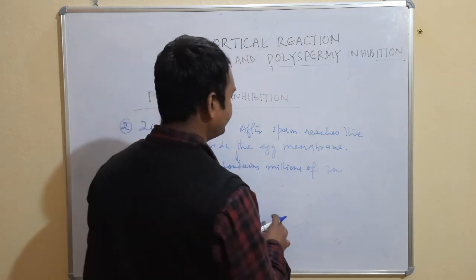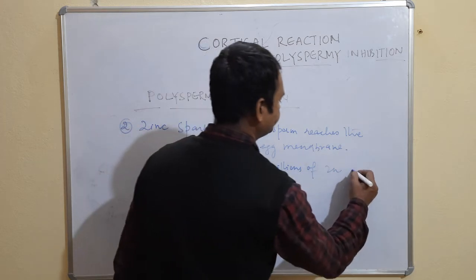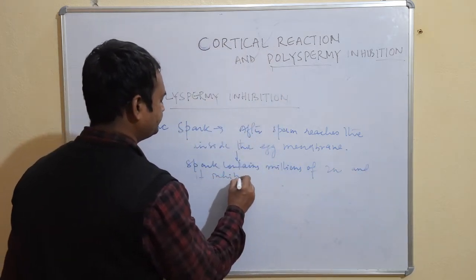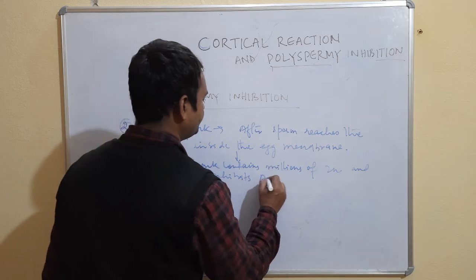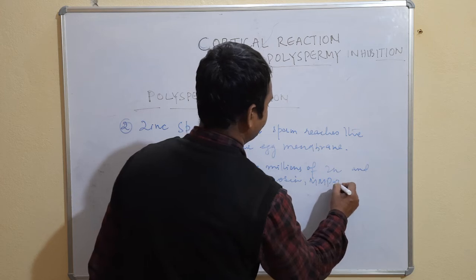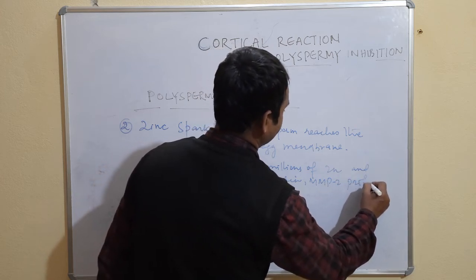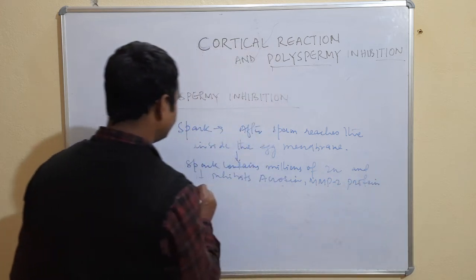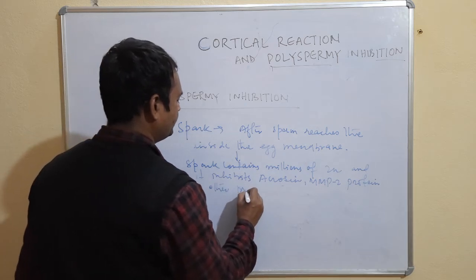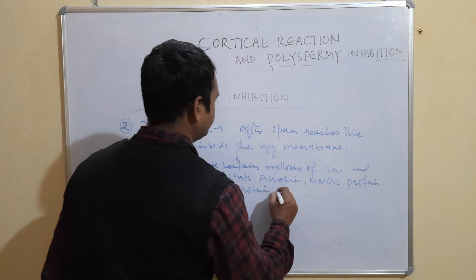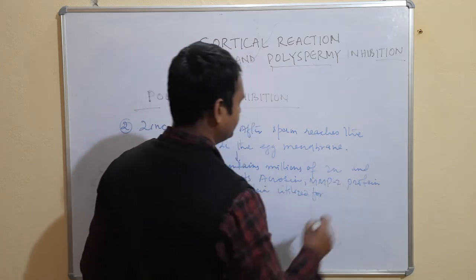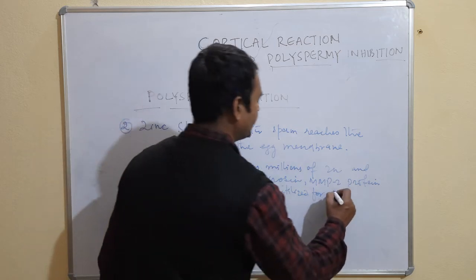Okay, it contains millions of zinc and it inhibits acrosin, MMP2 protein and other proteins utilized for capacitation.